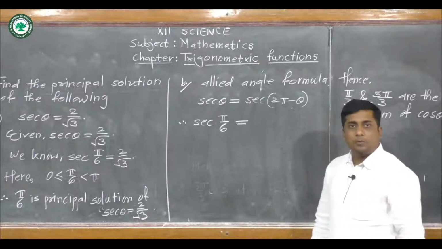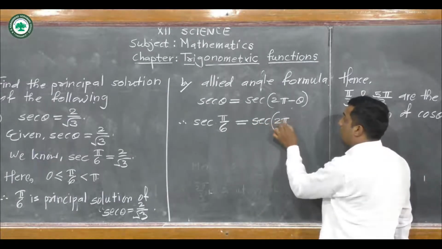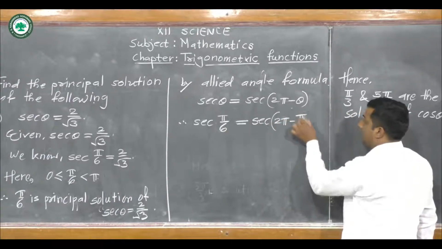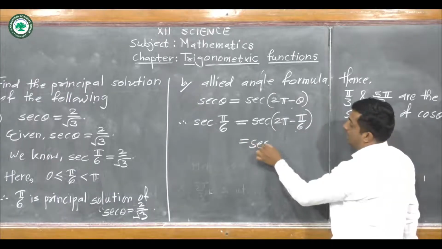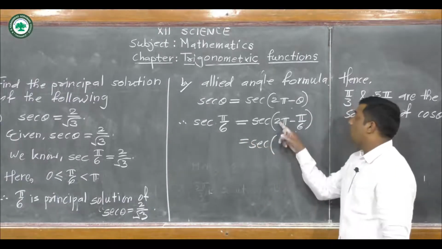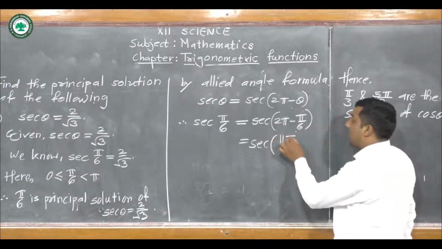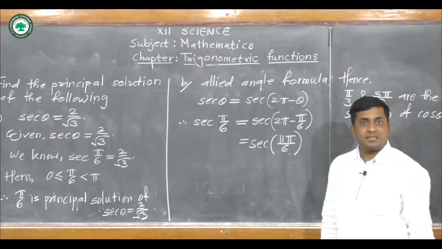This is equal to, in the RHS, sec of 2 pi minus pi by 6, which is 11 pi by 6.